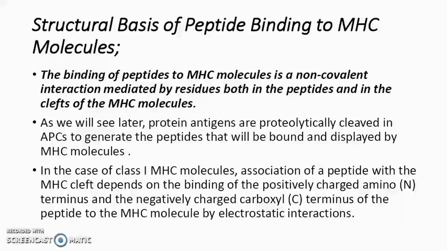In the case of class 1 MHC molecules, association of a peptide with the MHC cleft depends on the binding of the positively charged amino N terminus and the negatively charged carboxyl C terminus of the peptide to the MHC molecule by electrostatic interaction.